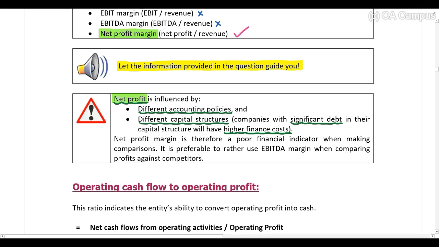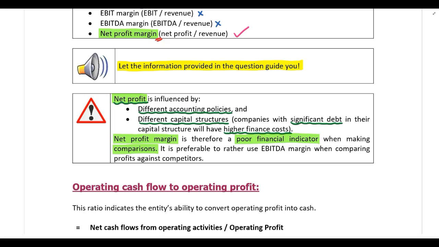So guys, it's important to note that the net profit margin is a poor financial indicator when making comparisons. So it's not a good idea to calculate the net profit margin for our company and then compare that to similar companies in the same industry, because all companies have different accounting policies and all companies have different capital structures.